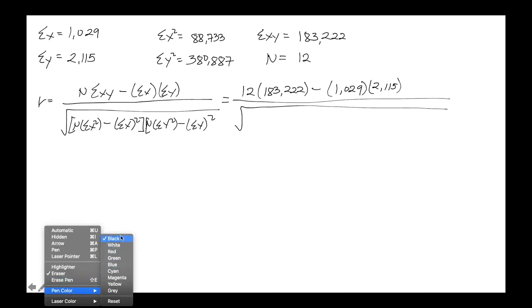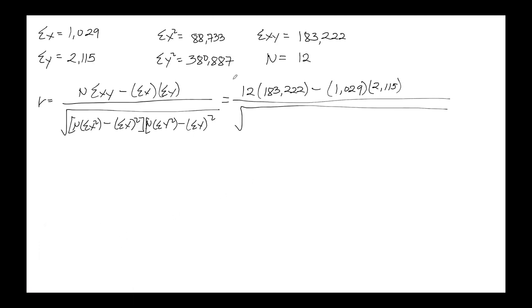Okay. So, 12 multiplied to summation of x squared. Ano po yun? Ito. 88,733 minus summation of x, which is 1,029. Tapos naka-square sa labas. Closing bracket, opening bracket ulit.